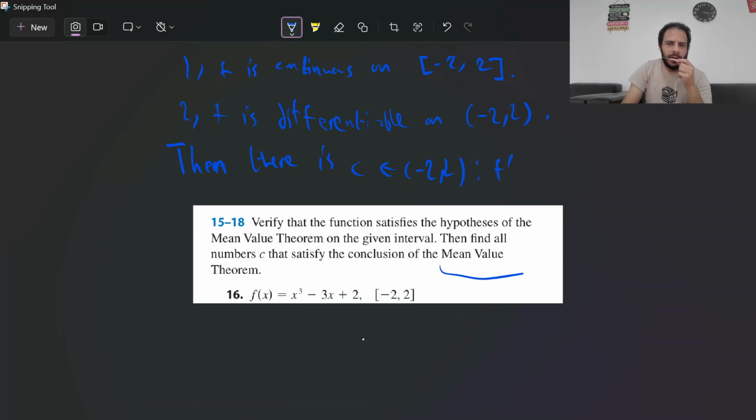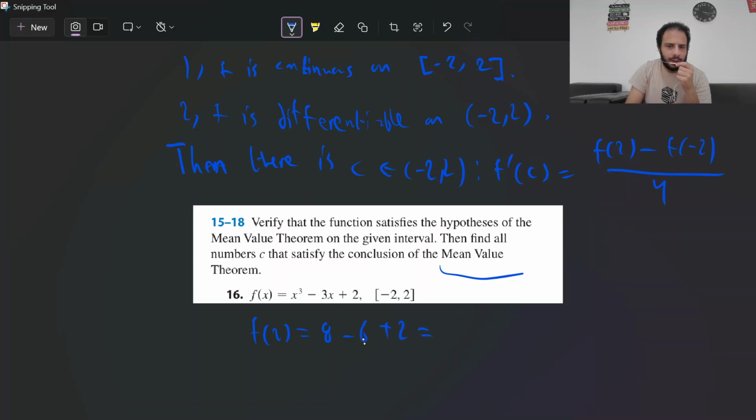f prime of c equals f of 2 minus f of minus 2 over 2 minus minus 2, which is 2 plus 2, 4, right? Now let's find the value of f of 2 and f of minus 2. What is f of 2? f of 2 equals 2 cubed, 8, minus 3 times 2, minus 6, plus 2.